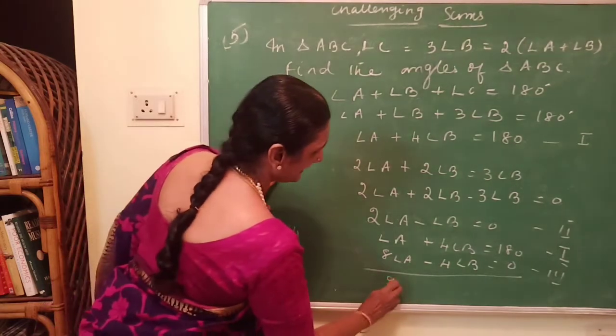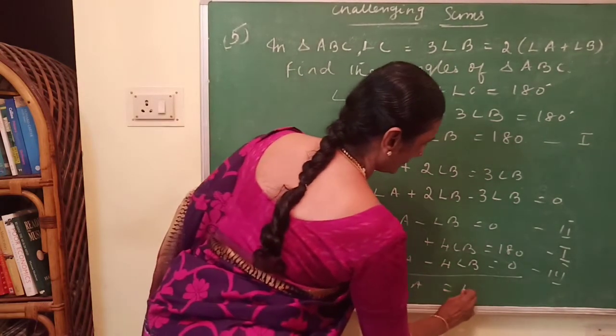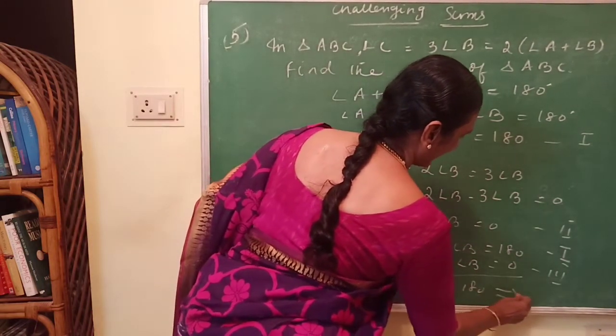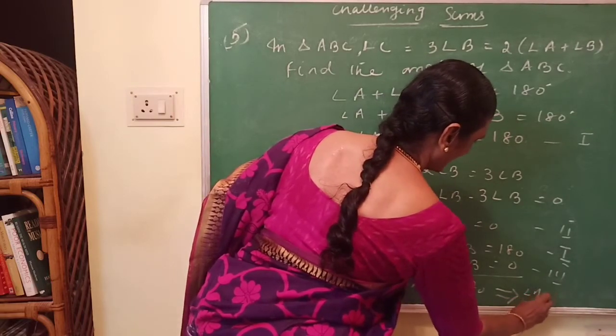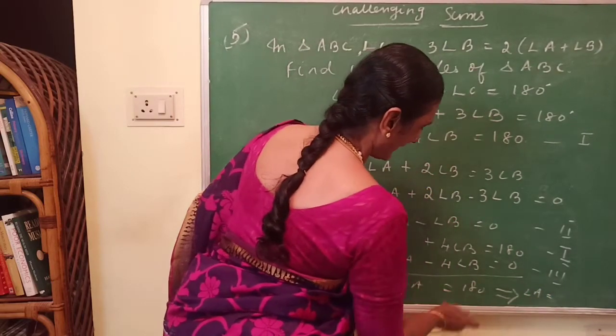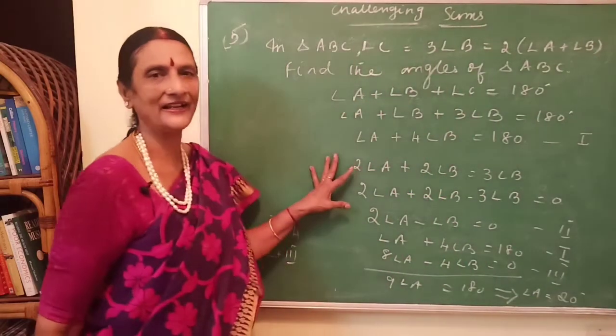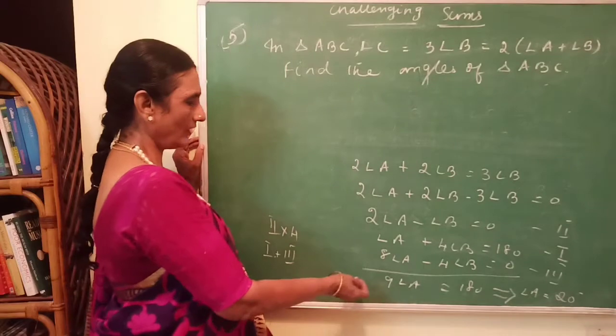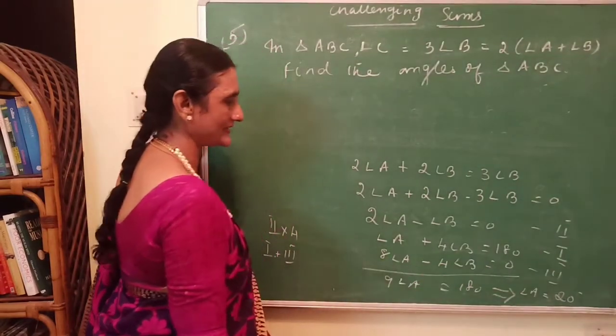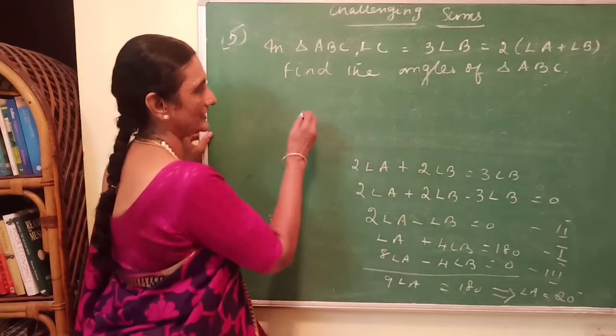You will get 9 times angle A is equal to 180, which implies angle A is equal to 180 divided by 9, which gives you 20 degrees. Are you understanding? Now we have got angle A equal to 20 degrees. I am going to substitute in equation 2.